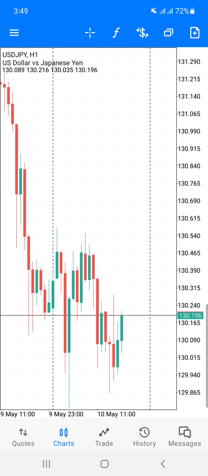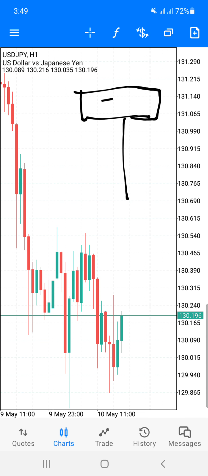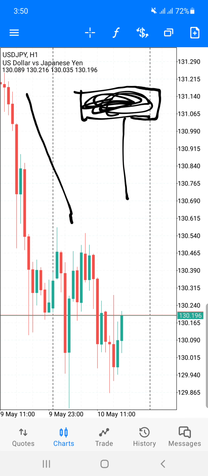Let's look for hanging man and hammer patterns. Remember, this is how it is: a long wick and a body. So in this case where the market has gone down, what we're looking for is a hammer, right?